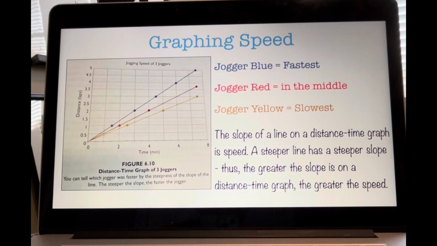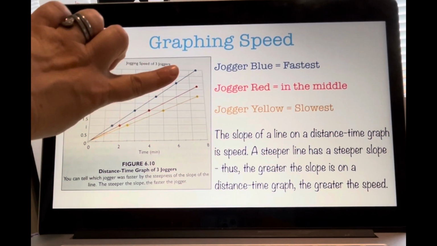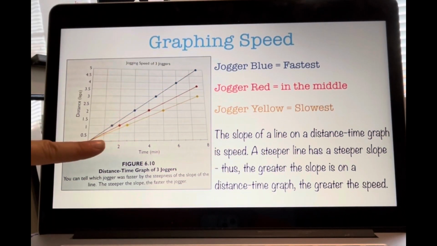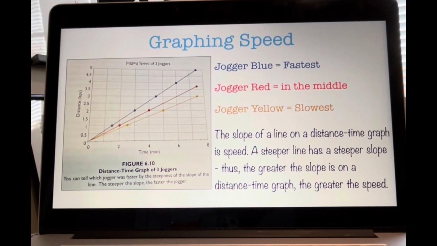They covered more distance in the same amount of time as you. The line describing the motion of your slower friend is not as steep as yours. They covered less distance in the same time. Their speed was slower. So we have the steepest line, the fastest jogger. The less steep line is the slowest jogger.